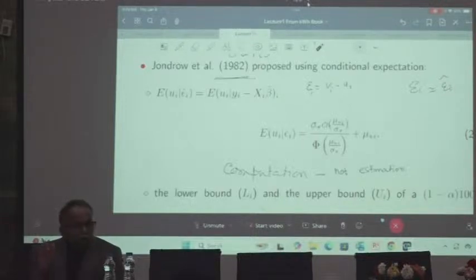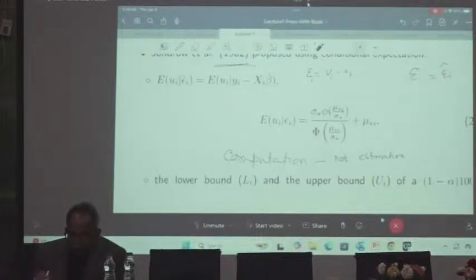Again, we'll be going over using data to show you how this is done. And since this is statistics, we not only get a point estimate of this. This is a point estimate, meaning that for each observation, we get an estimate of inefficiency.